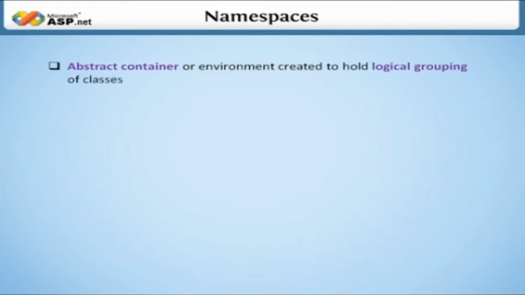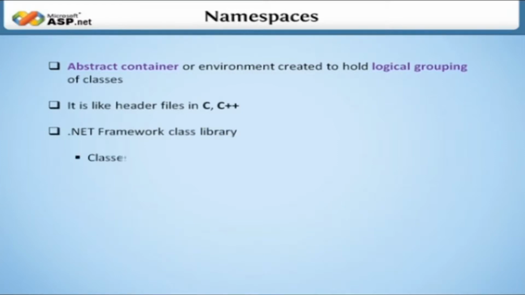Namespaces. A namespace is an abstract container or environment created to hold a logical grouping of classes. It's like header files in C and C++. The .NET Framework class library is a library of classes, interfaces, and value types that are included in the Windows Software Development Kit, otherwise known as SDK.